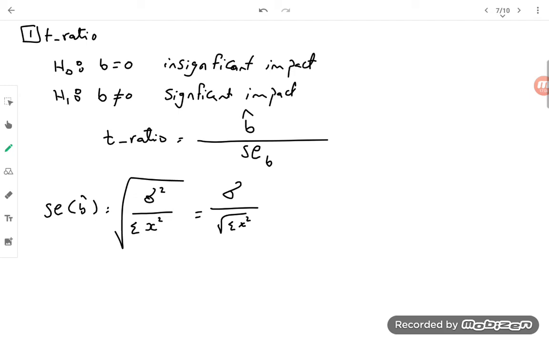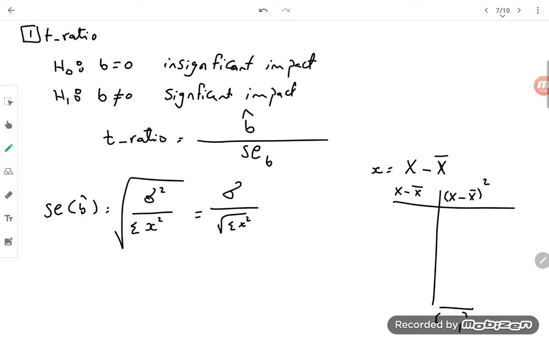So small x means x minus x bar. And if you would like to find the square value, you have to have two different columns: x minus x bar, and x minus x bar squared. And then you are going to add all of them together to find the value of summation x squared.